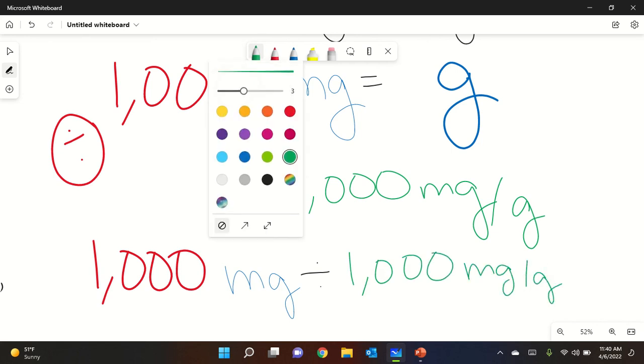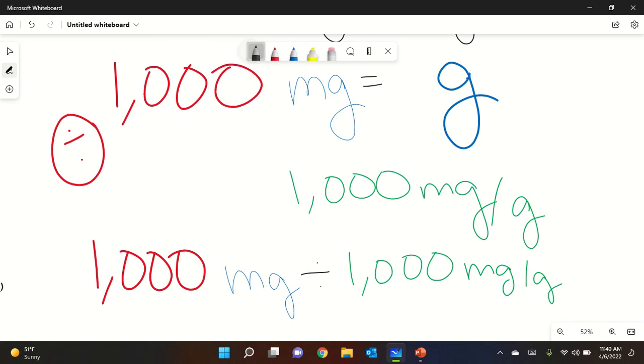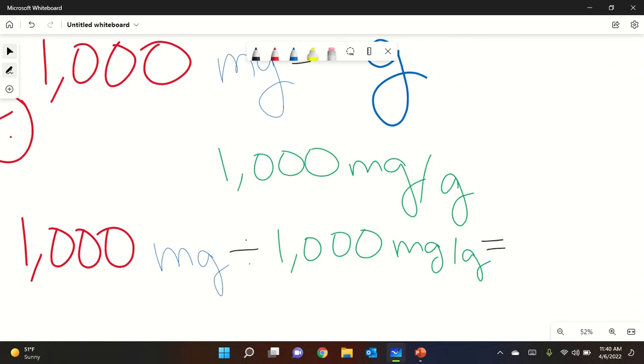If you're like me and you like knowing that the units cancel out, you've got milligram on top and milligram on the bottom. What this gives you, of course, is 1,000 milligrams divided by 1,000 milligrams per gram. You end up with 1 gram as your answer.